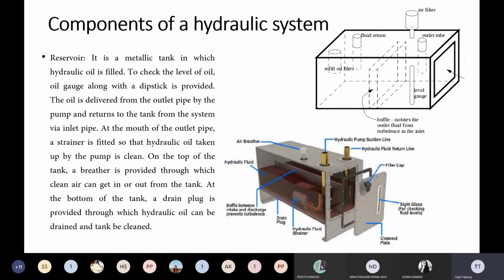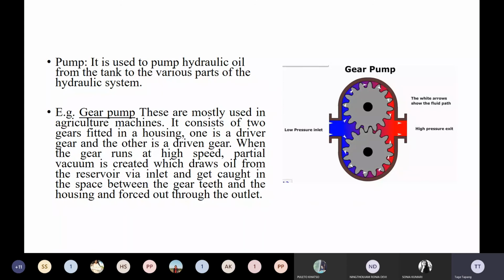Then similarly we have the pump, gear pump. In the human body we have the heart. The heart is responsible for collecting blood from different parts and also supplying blood to different parts.